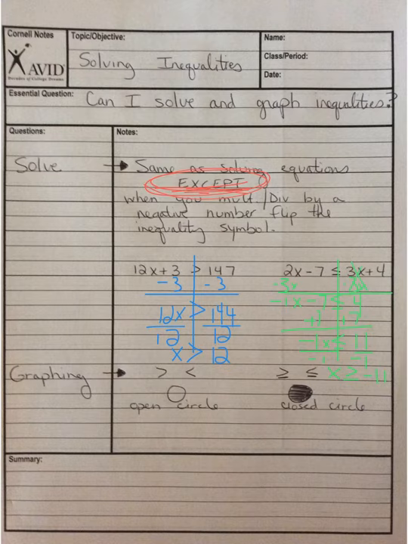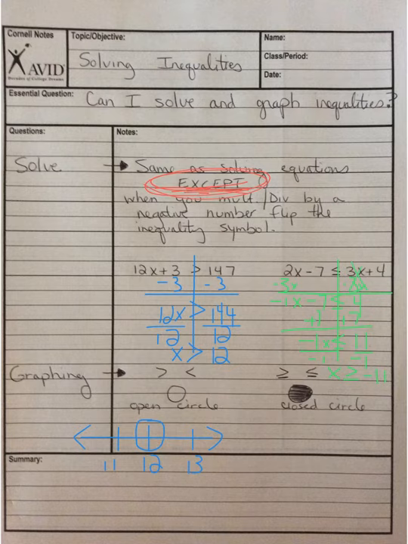So for the first one, 12, I always tell you, and I said this earlier this year, the answer can go right in the middle. What's one less than the answer? That would be 11. And one greater than the answer would be 13. And then because it's just x is a greater than symbol, we have an open circle.